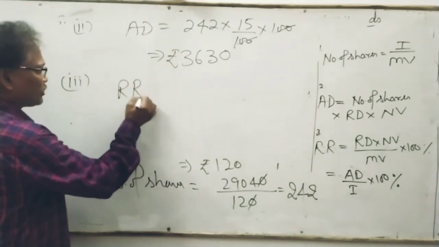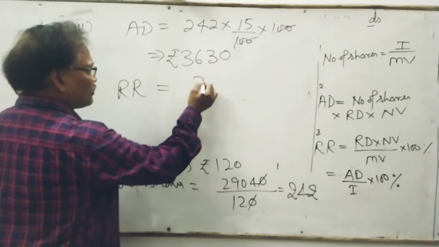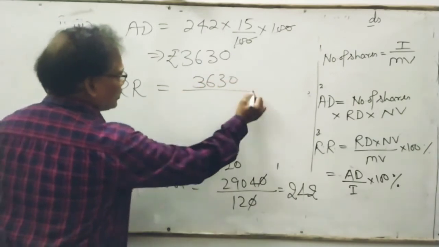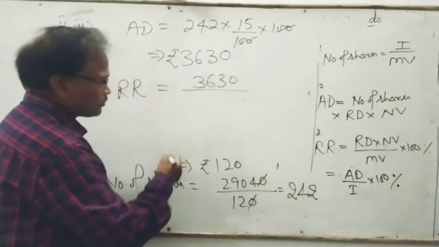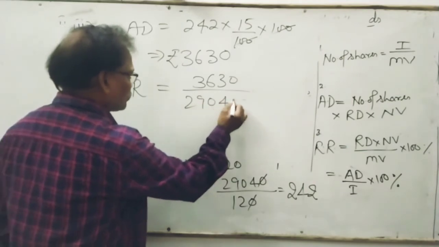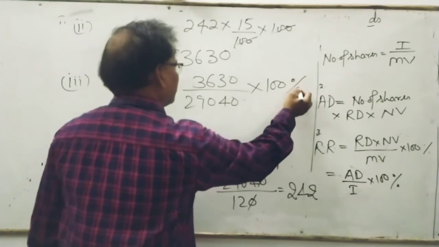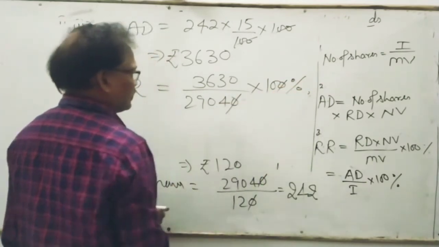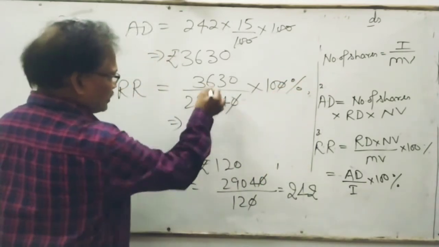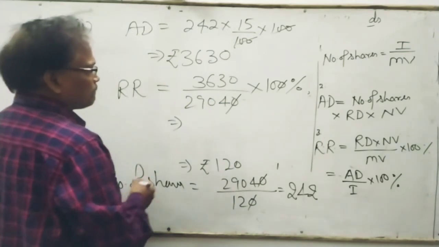So the rate of return is equal to annual dividend divided by investment, and investment is 29040, into 100%. So cut this, and then divide by 363.